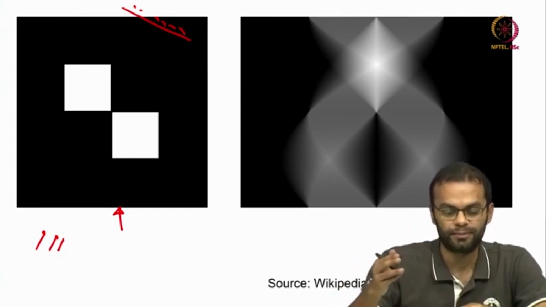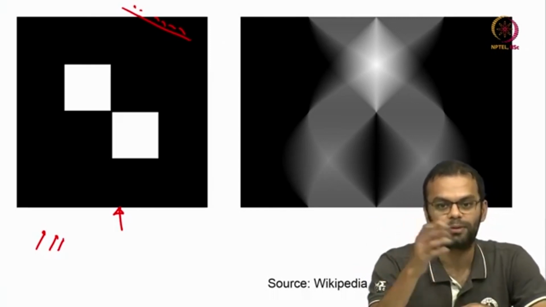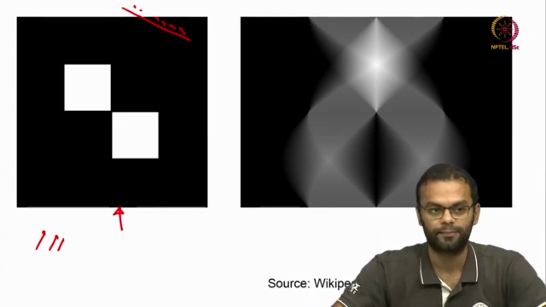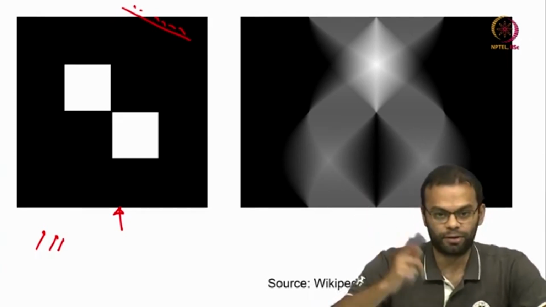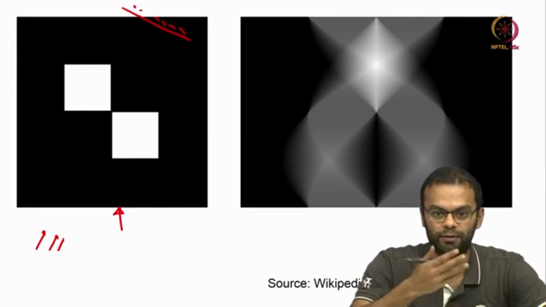If you get a large absorption, you will get a large value, something close to white. If you get 0 absorption, you will get a black signal, because we have taken minus log of I f by I naught, and log 1 is equal to 0, so it is like a dark field image basically.